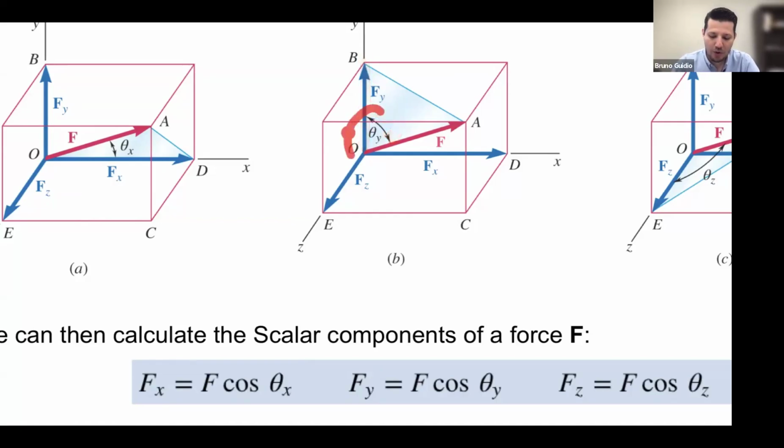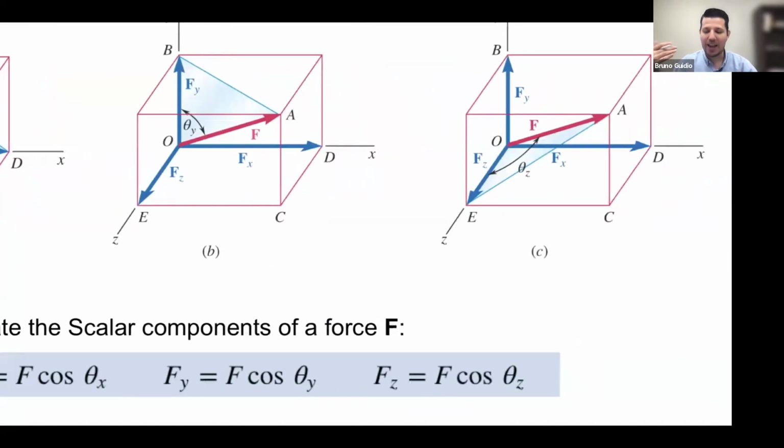This angle we're going to call theta y. Then what is going to be the Fy component? F cosine theta y. So for 3 dimensions, it is much better to use different angles and always use the cosine. It's going to help us find the direction of the force vector.